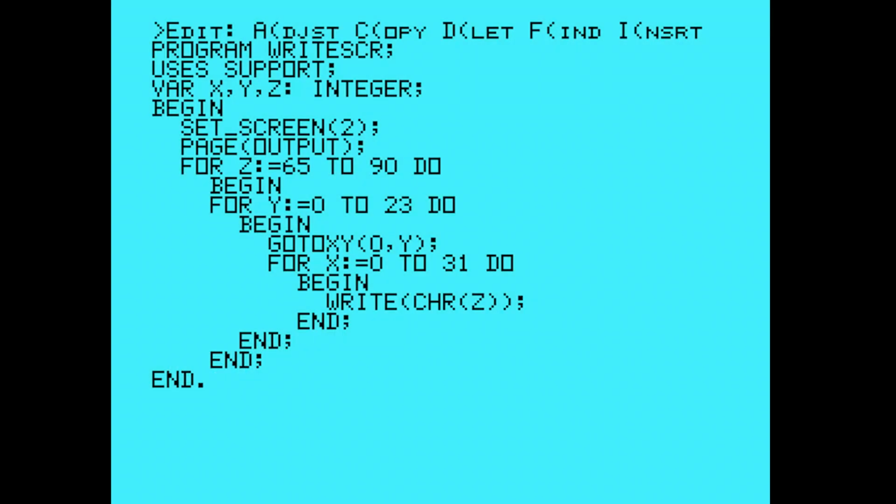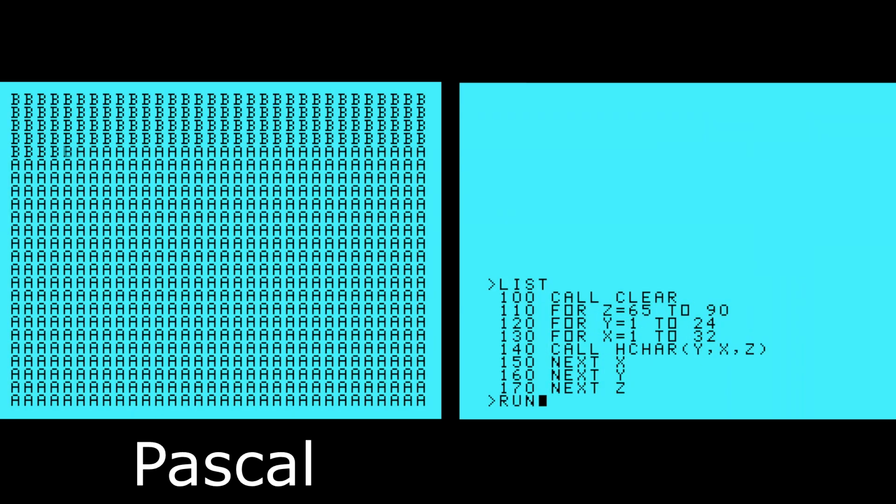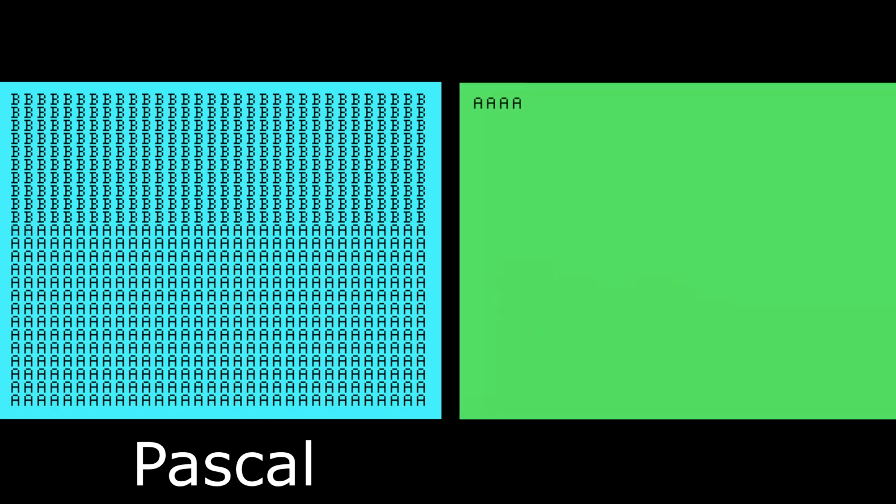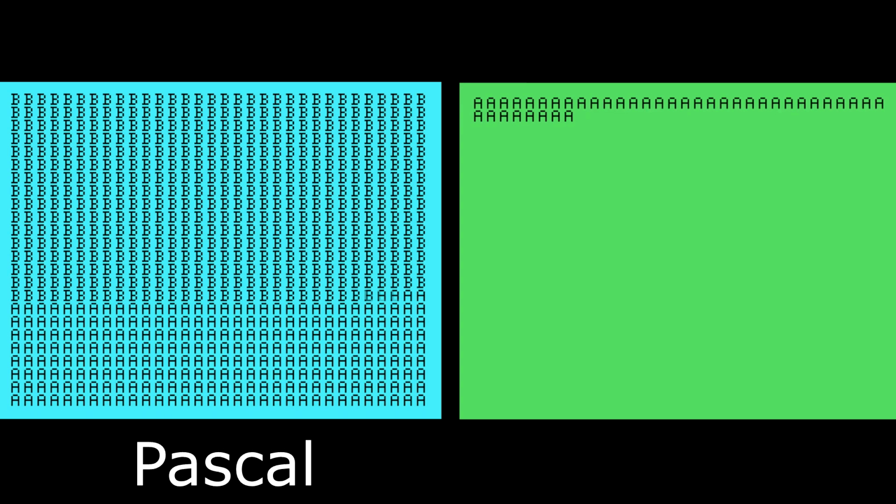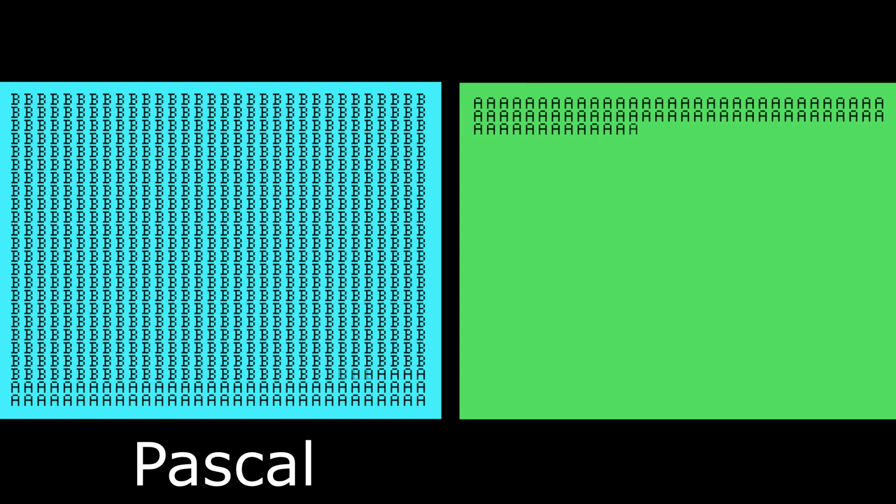But for more confirmation of that, let's take a Pascal program that does pretty much the most common thing a TI-99 ever does: writing a tile to screen. In this case, writing them one after another to all 768 screen locations. Just writing a byte at a time to VDP. Compared with the TI Basic program using the call hchar command, P-code is way faster, unsurprisingly.